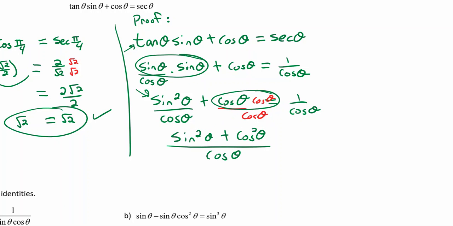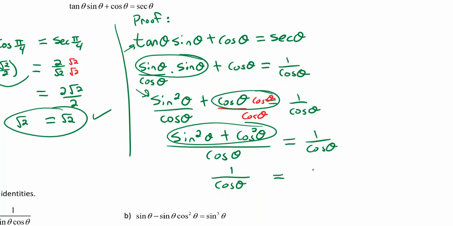And that's supposed to be equal to 1 over cos theta. And now the top, well, that's just 1, right? So we've got 1 over cos theta is in fact equal to 1 over cos theta. So you would say the left side is equal to the right side.